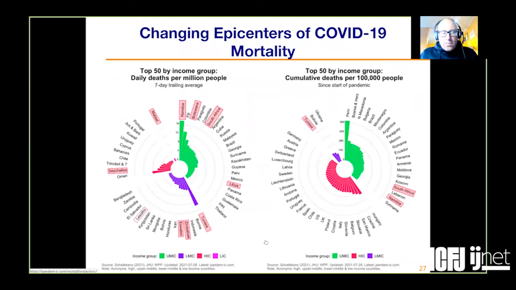This is from Philip Schellekens' website, and he's been arguing that what we're looking at is a shift of the pandemic towards lower income countries. Okay, so let's have a look at this. This is mortality, and at the top, mortality per 100,000 people. Now look at the countries where overall we've seen the worst pandemics.